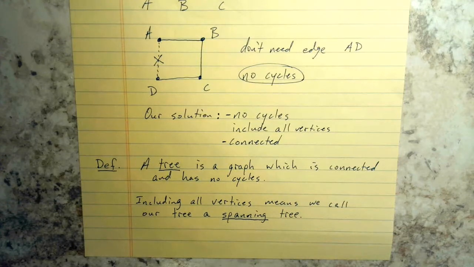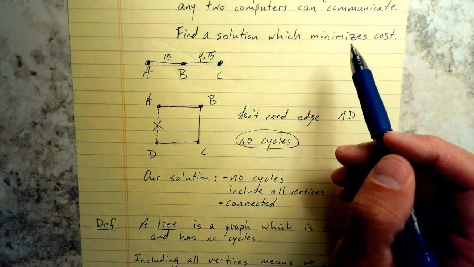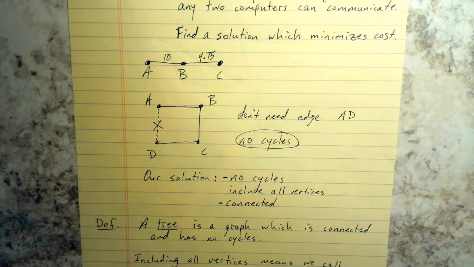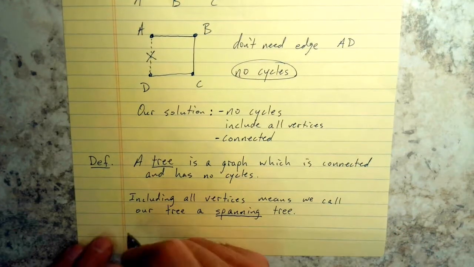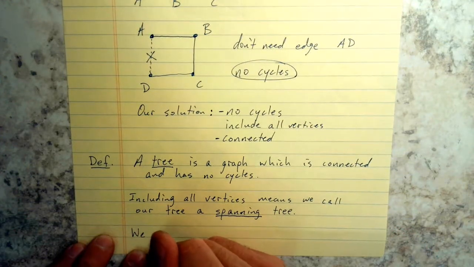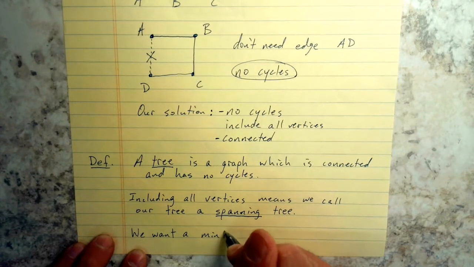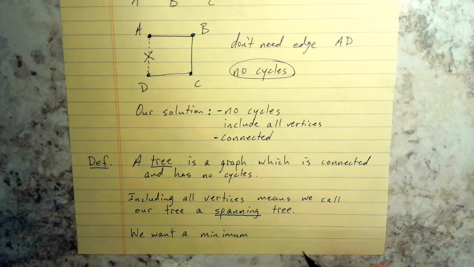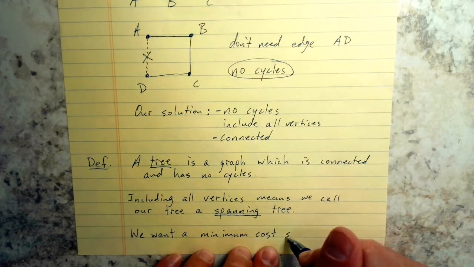So we're looking for a spanning tree, and then our requirement that we minimize cost means that we want a minimum cost spanning tree. So put all that stuff together. That's what we want to look for. We want a minimum cost spanning tree.